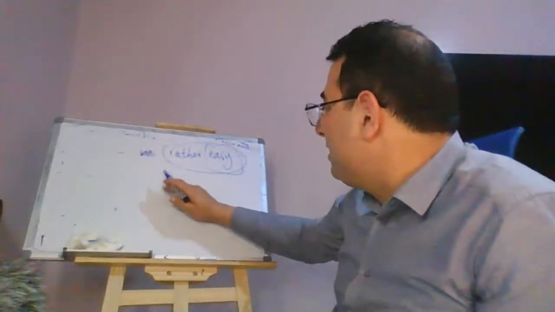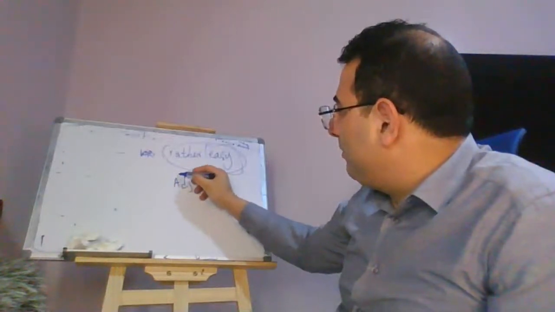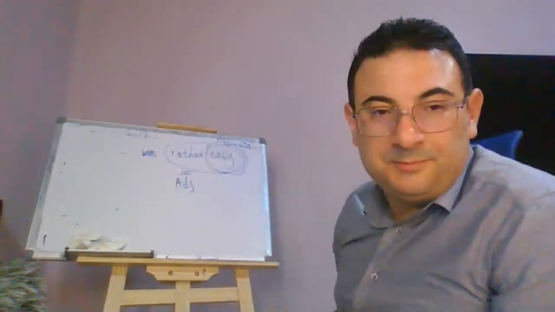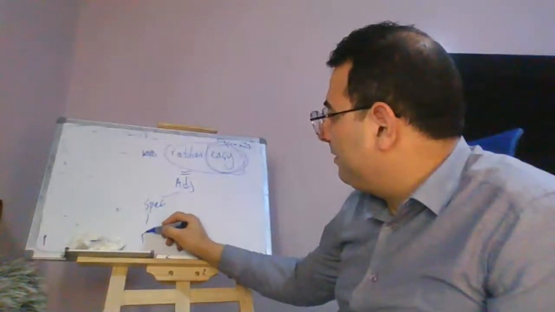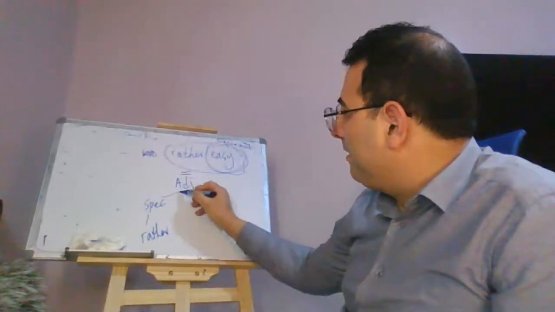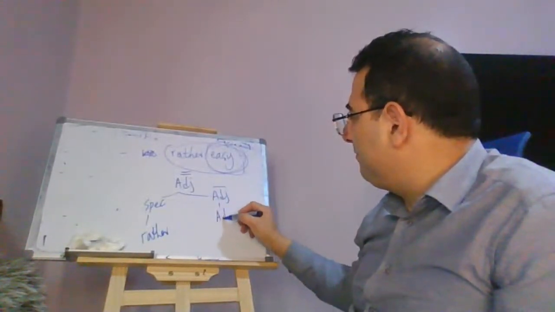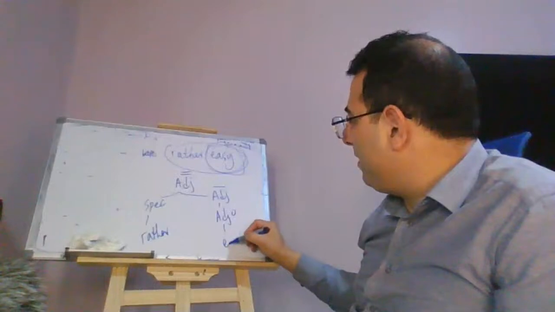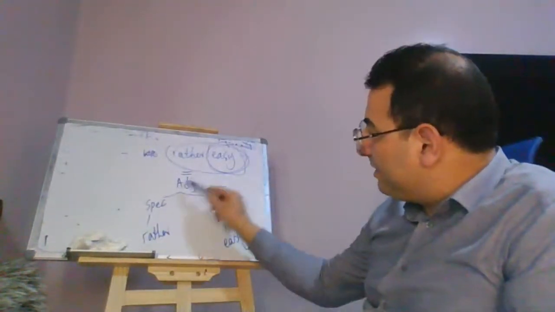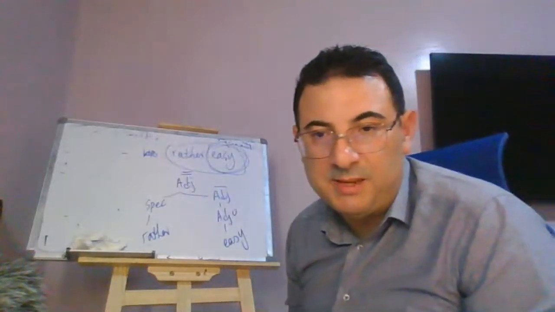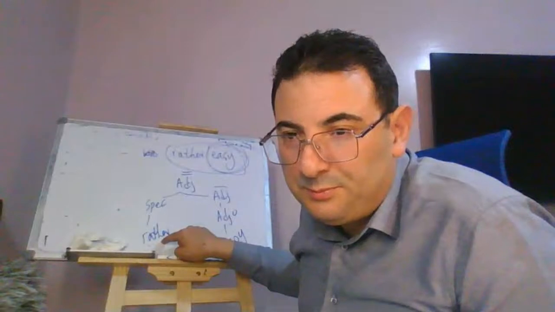So for rather easy, it will be like an adjective double bar because you have easy here with the specifier, spec, rather, and then you have the adjective bar, adjective zero, and then you have easy. Something like this. So rather here is actually said to be a specifier.